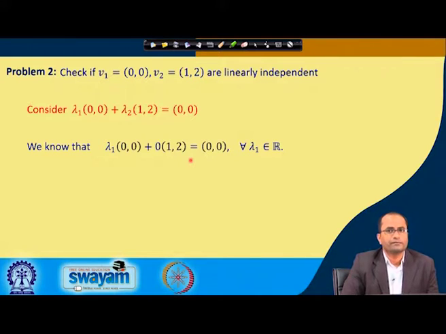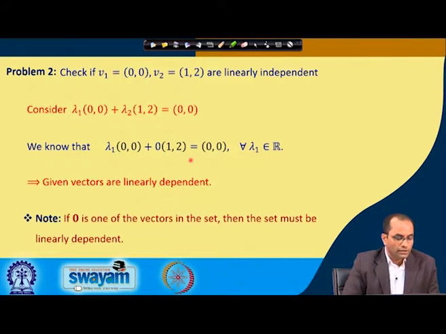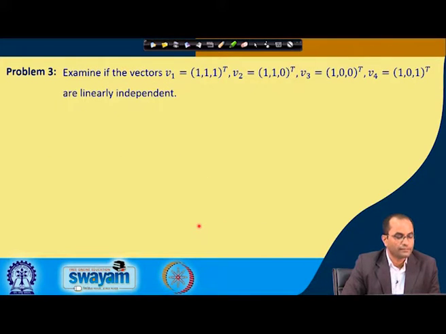So, whenever we have a 0 vector included in the set of vectors, then these vectors are going to be linearly dependent. This 0 is one of the vectors in the set, and then the set must be linearly dependent.